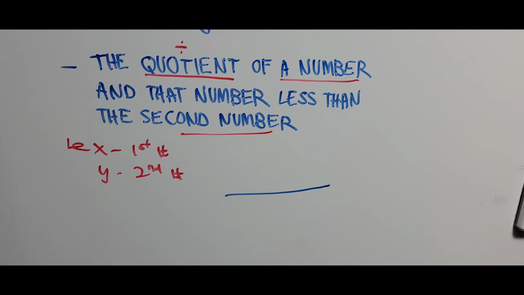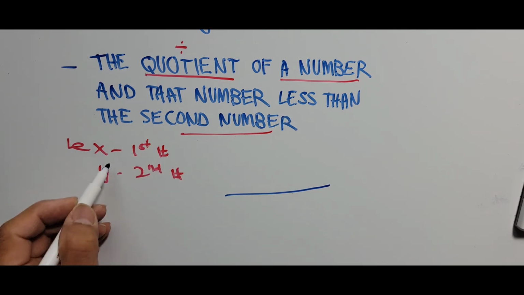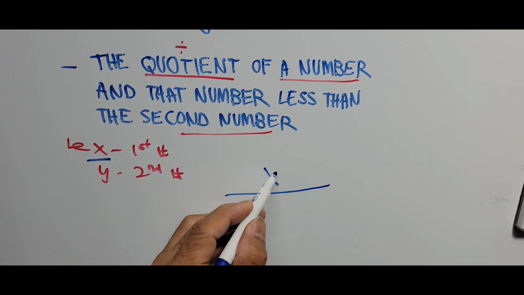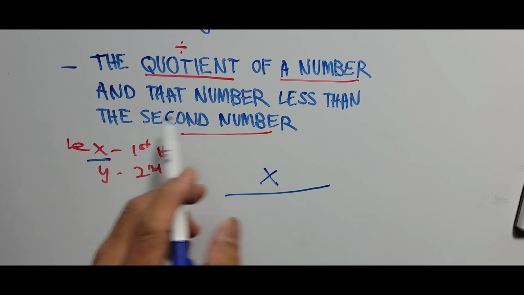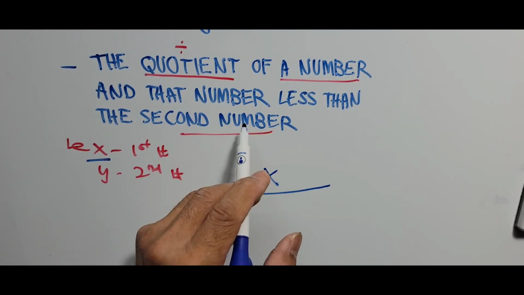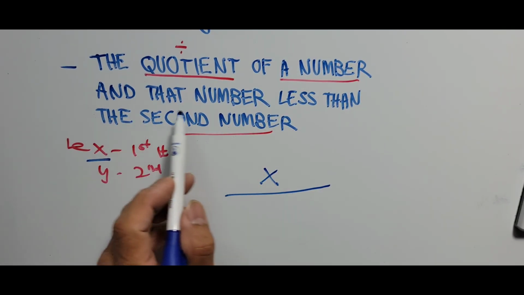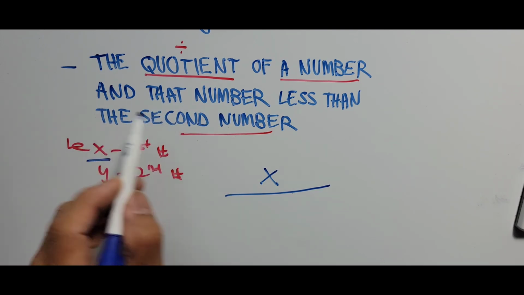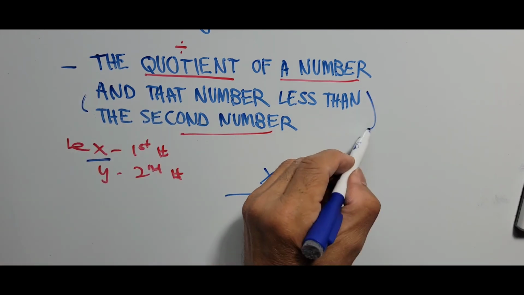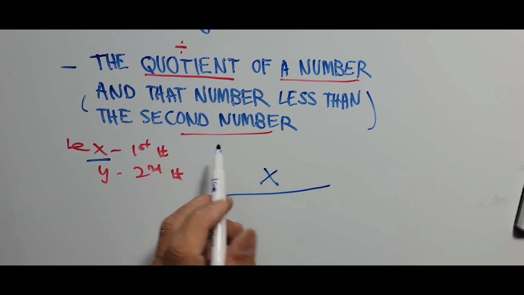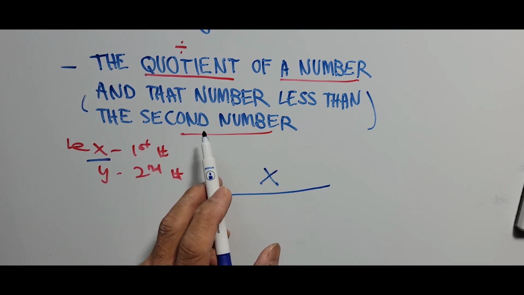Okay, so the quotient of a number and that number less than the second number. So the quotient of a number, we're talking about x, so let's put x right there. Talking about this and this, right? So this whole thing right here goes down as a denominator.